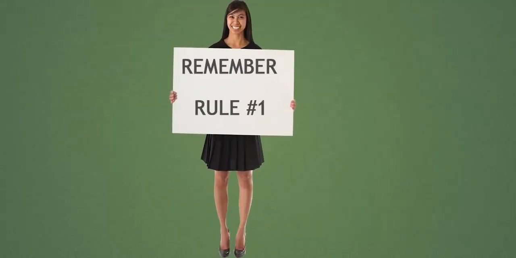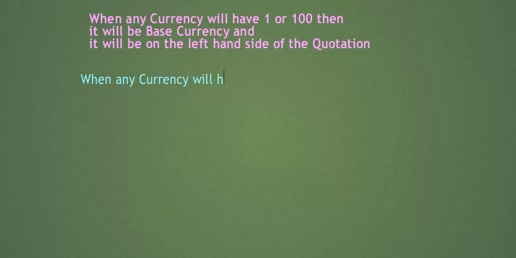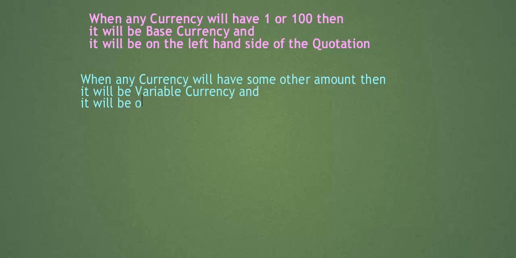Remember, rule number 1. When any currency has 1 or 100, it will be the base currency and it will be on the left-hand side of the quotation. When any currency has some other amount, it will be the variable currency, and it will be on the right-hand side of the quotation.